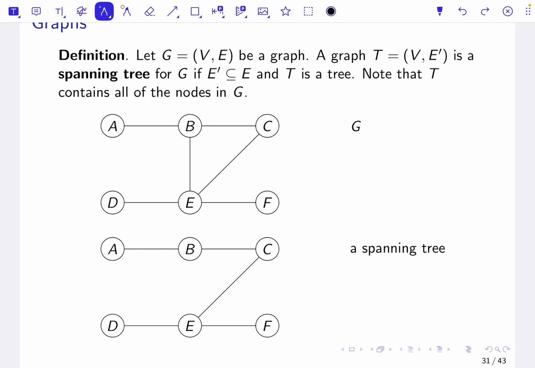A spanning tree is a subgraph such that the graph contains all the nodes of the original, and it's a tree.